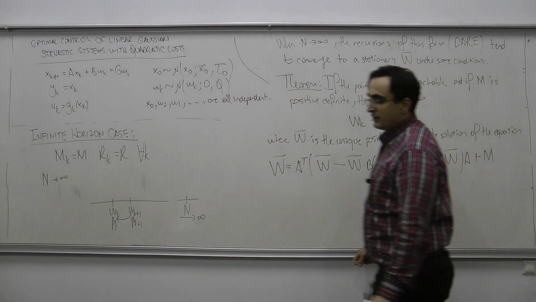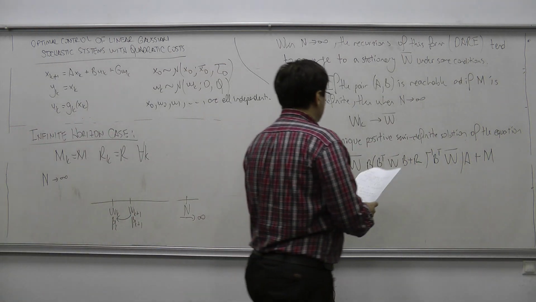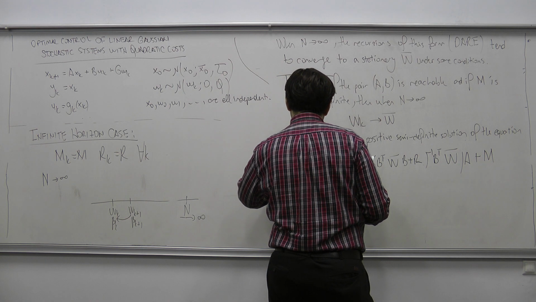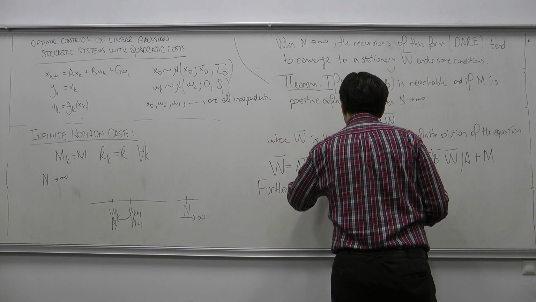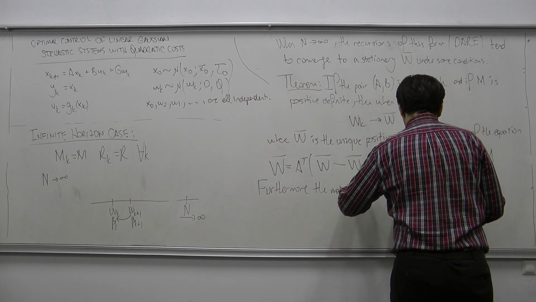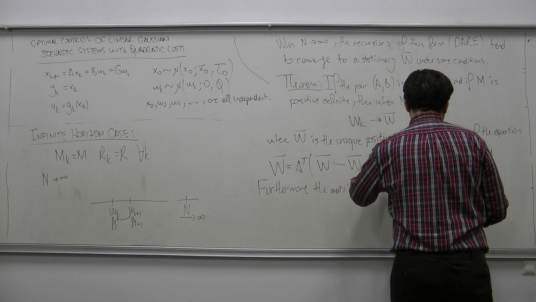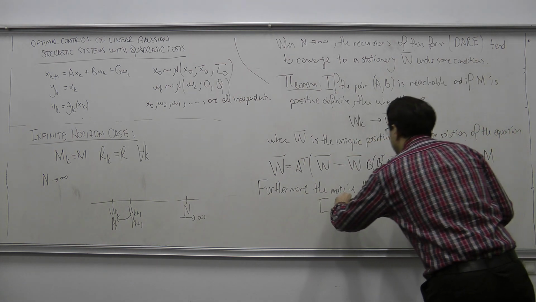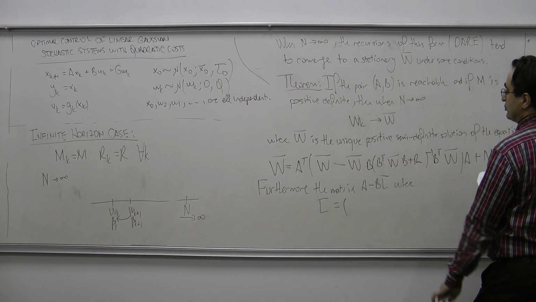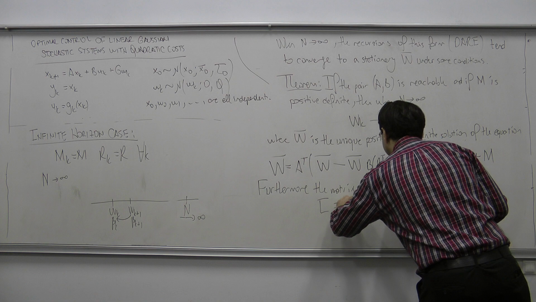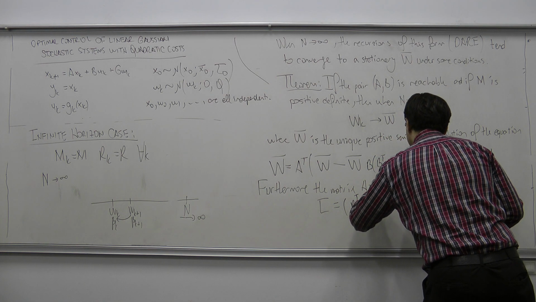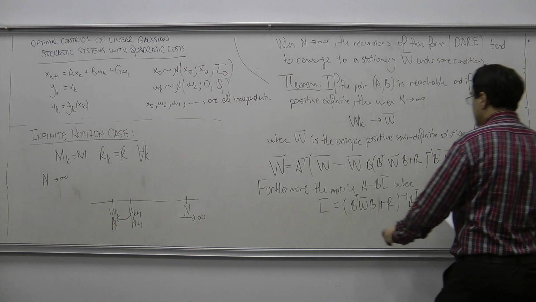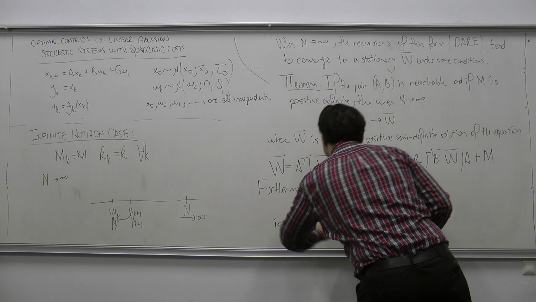And the theorem has a continuation. We are not going to be proving this theorem, fortunately. So I would have furthermore the matrix A minus B L bar, where L bar is the gain that is calculated using this stationary W matrix, B transpose W bar B plus R inverse B transpose W bar A, is stable.